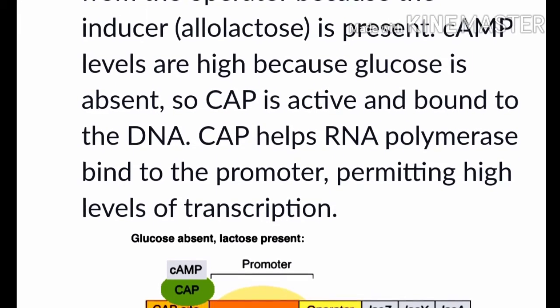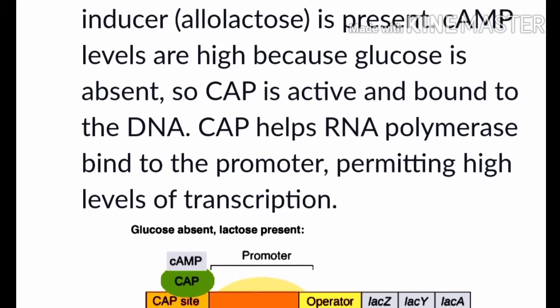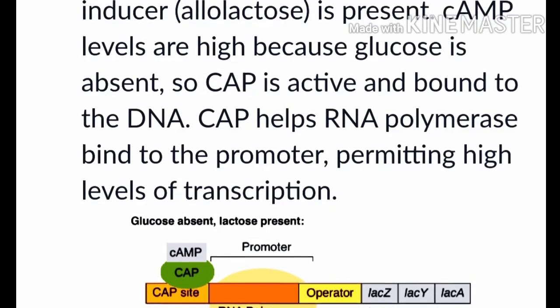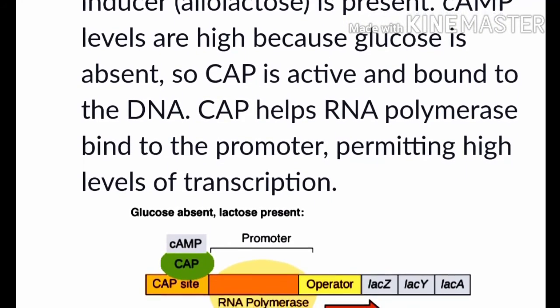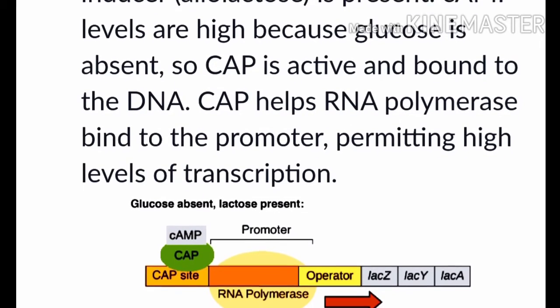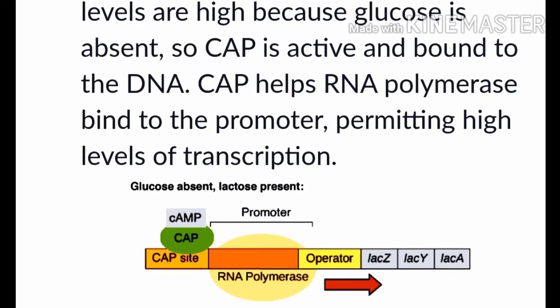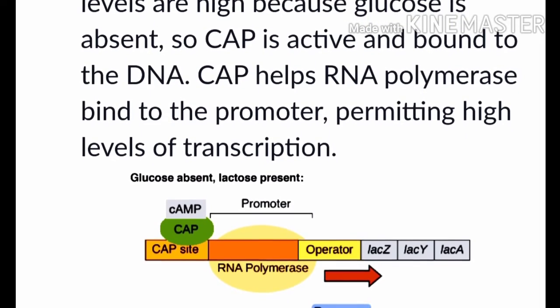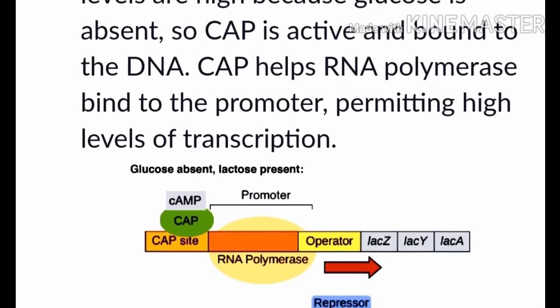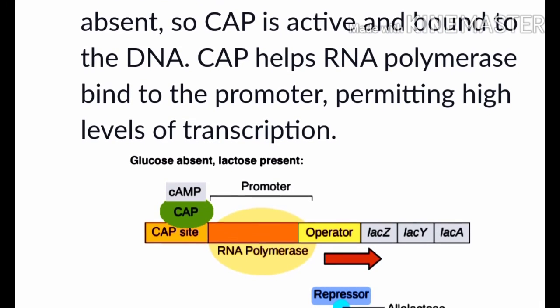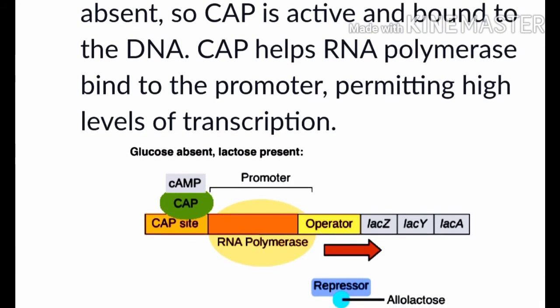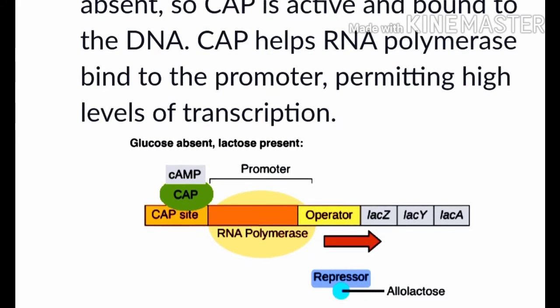So now the CAP is active and bound to the DNA. This CAP helps RNA polymerase bind to the promoter, permitting higher levels of transcription of the Lac Operon genes.